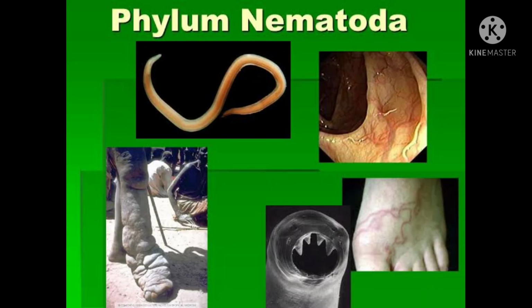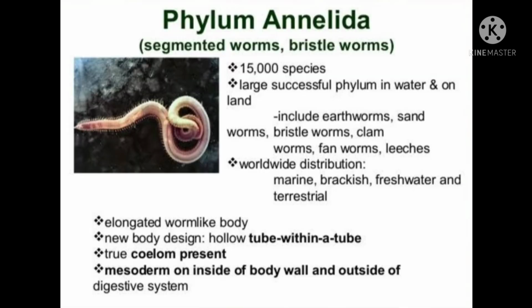These are very familiar as parasitic worms. Parasitic worms cause different diseases such as elephantiasis, which is caused by filarial worms, or worms in the intestine such as roundworm or pinworm.